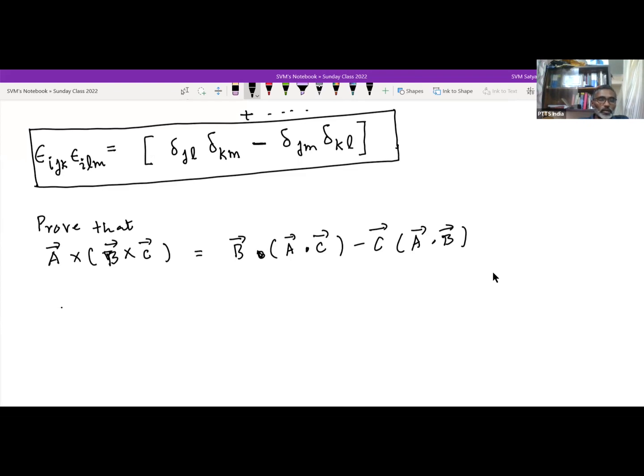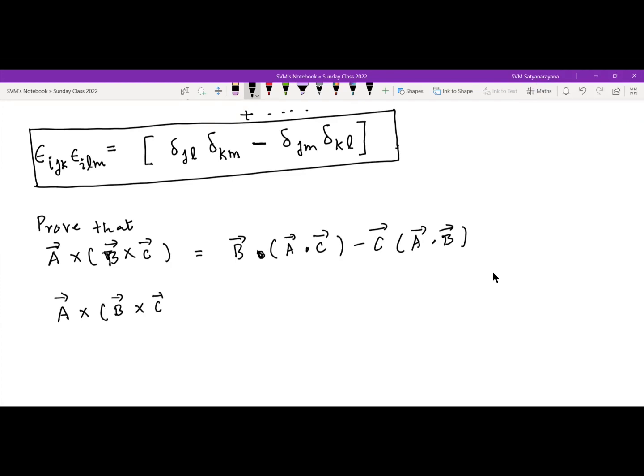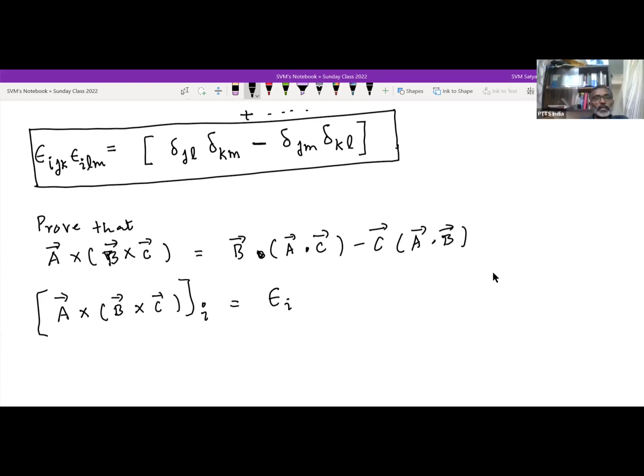So we will start with this A cross B cross C. This is a vector quantity, right? So the ith component of this is equal to epsilon ijk aj into B cross C of k. I can write like that, which is equal to epsilon ijk aj.